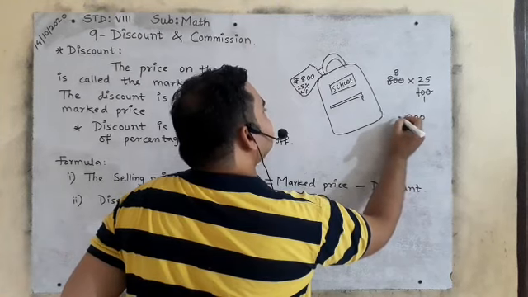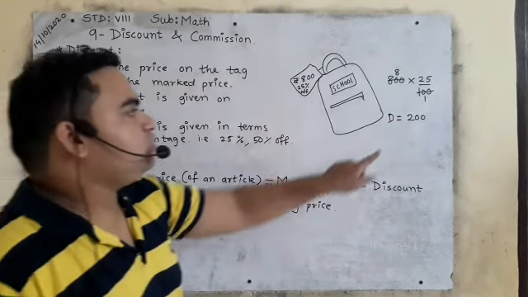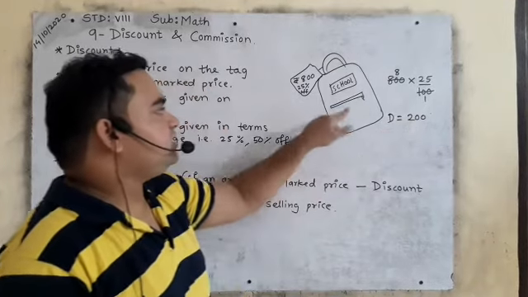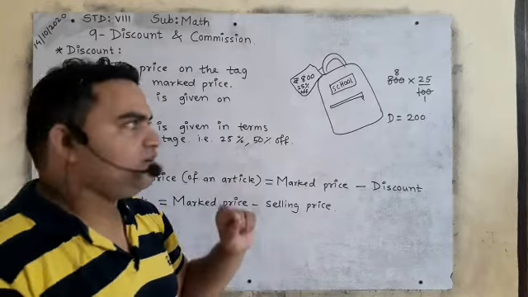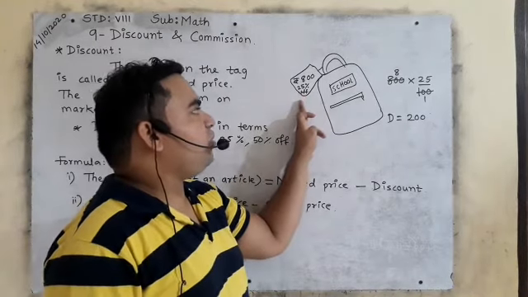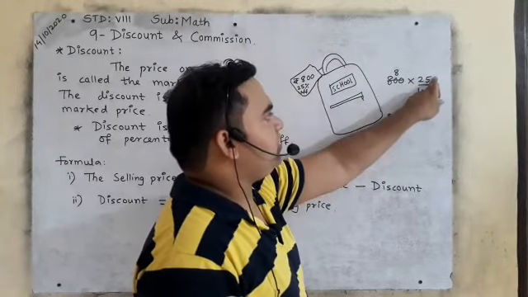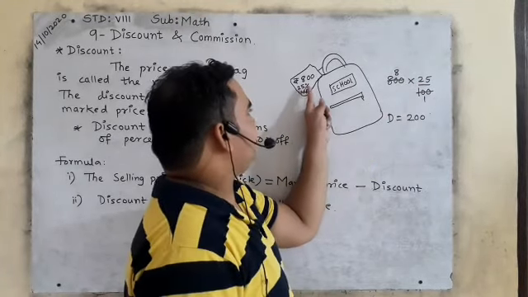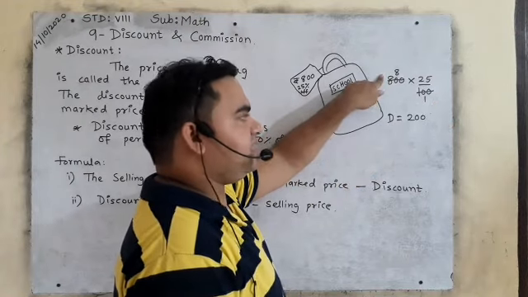Is it clear? So how much rupees discount will you get? 200. So this bag you will get in how much rupees? 600. Is it clear? Why? Because 25% off. So 800 multiplied by 25%, 25 upon 100. 100 ones are 100, 100 8s are 800.